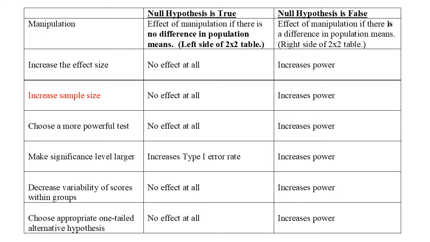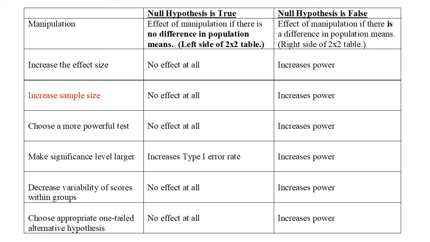On the other hand, if the null hypothesis is false, which we would expect, I don't know of too many instances where we would start a study thinking we're not going to find anything. Most researchers start a study because they think they're going to find something. If the null hypothesis is false, every single one of these options increase your power. And so there's really no reason not to increase power as much as possible, mainly because it's cheaper.